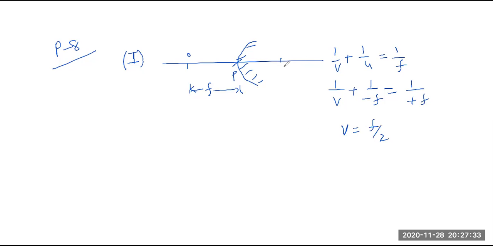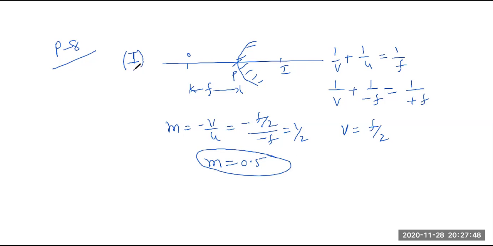So the image will be formed here. Magnification is minus v by u, and v is f by 2 and u is minus f, so that is 1 by 2. Magnification is 0.5. This best suits the match, so it matches with option B.